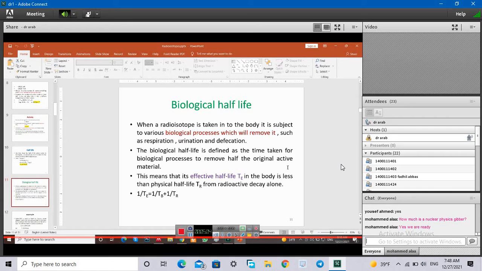The time taken for biological processes to remove half of the original active material from the body is called biological half-life time. And to consider the effect of both biological and physical concepts simultaneously, effective half-life time according to the equation emerges. As you see, effective half-life time is less than physical and biological half-life time.